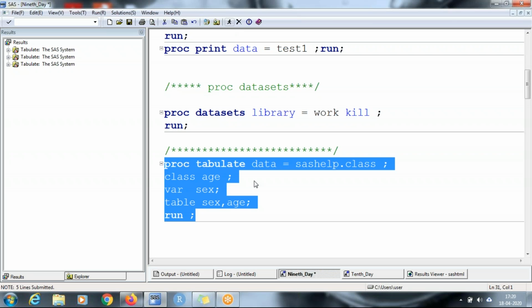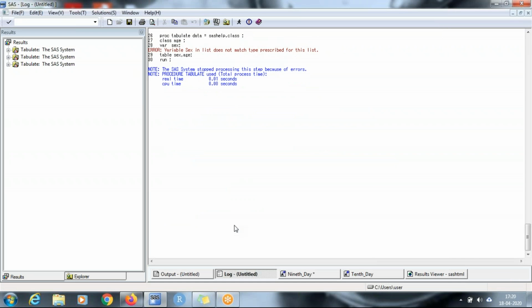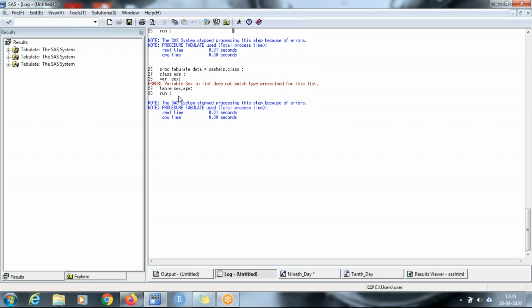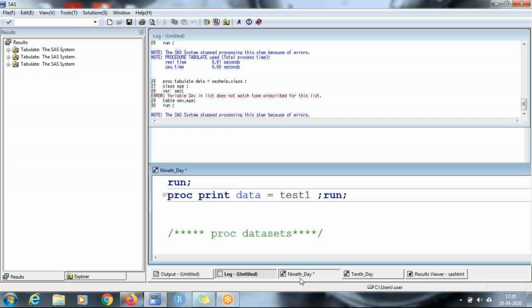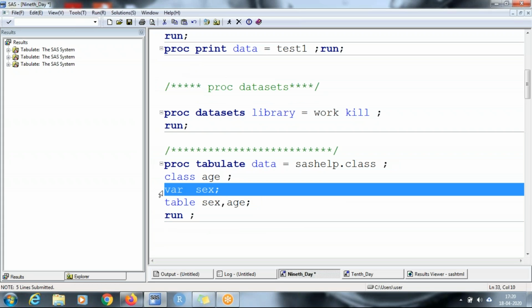Now, if you run this, this is giving an error: variable gender in list does not match type prescribed for this list. Whatever we are defining, we should be able to do the calculation, which is mathematics, or we should be able to analyze that variable.